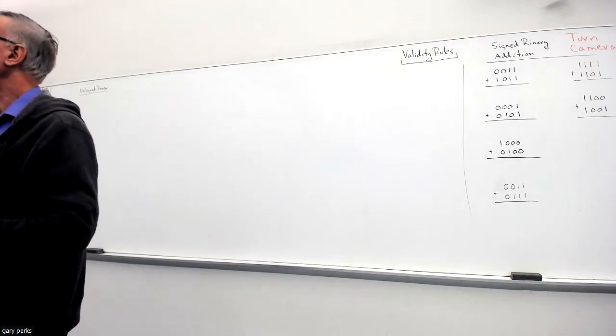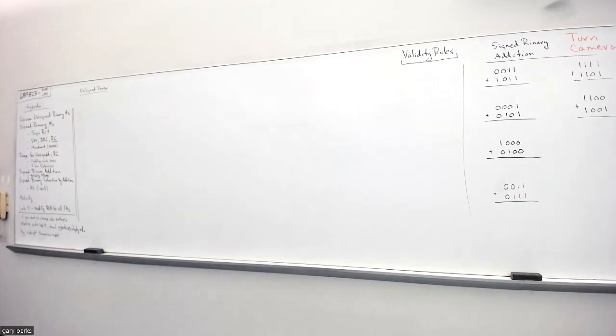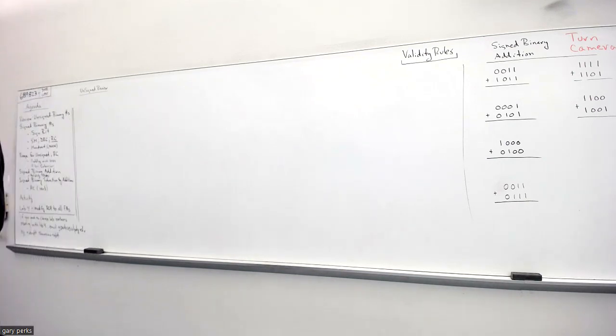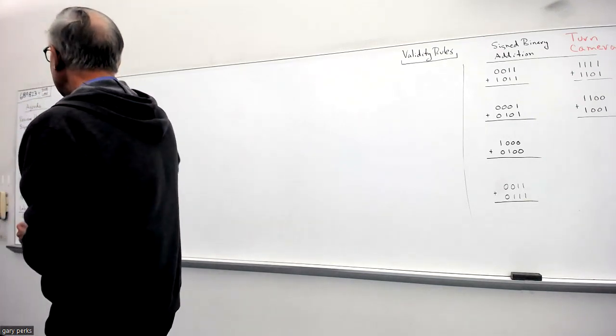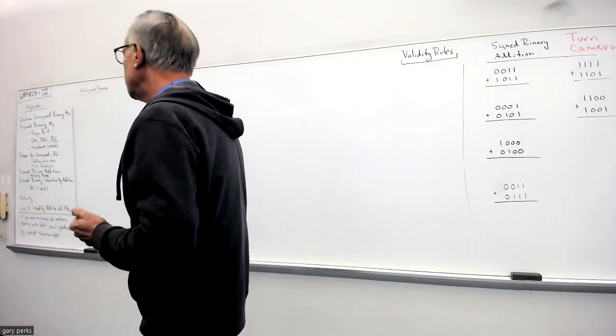It's more about having an understanding of signed binary numbers, and specifically a format called 2's complement. So for those reasons, you get more time for lab 4. But like I said, today's going to mostly be lecture along with some activities.